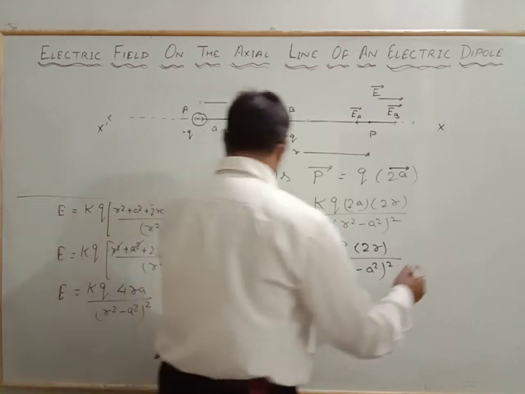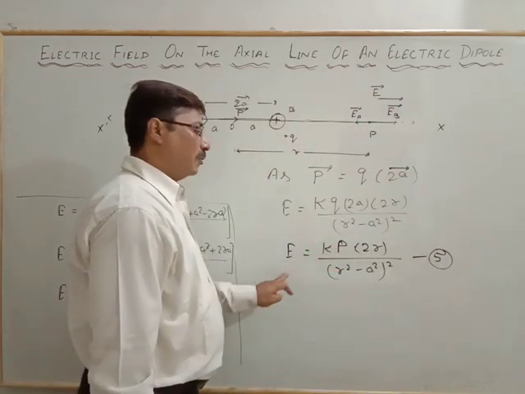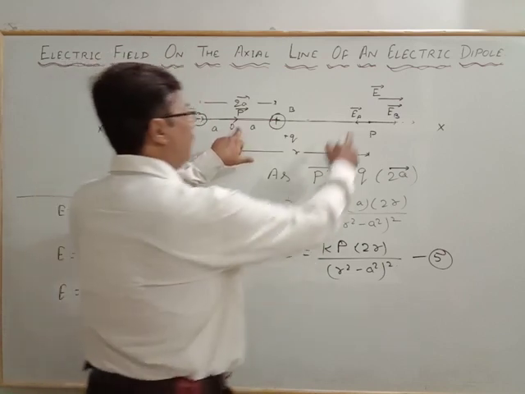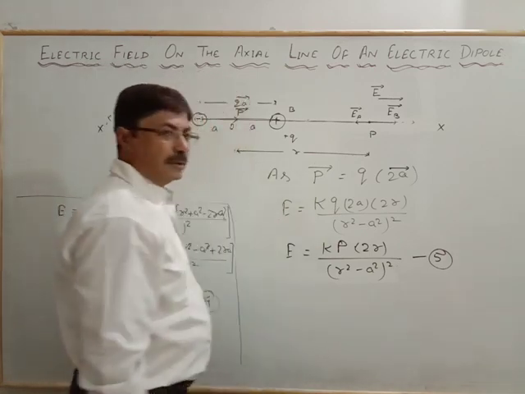Now this relation, equation number 5, is with the dipole moment, and just see, the direction of the electric field is along the direction of the dipole moment.